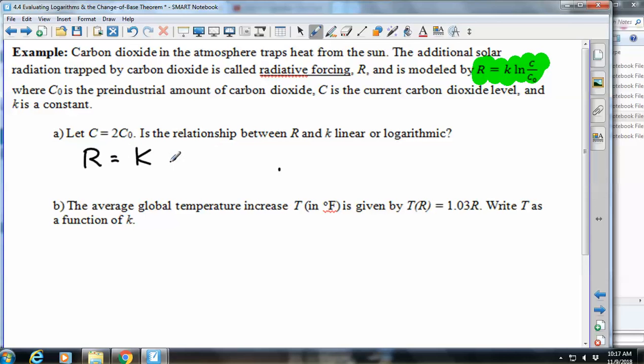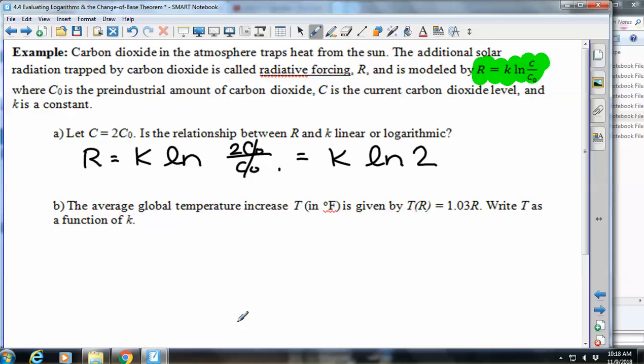So if I plug that in, C is going to be replaced as 2C sub 0. When you do that, these C's cancel. And you just get K times the natural log of 2. The question is, is this a linear or a logarithmic function at this point?